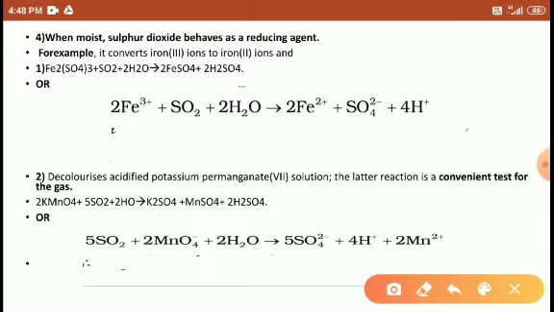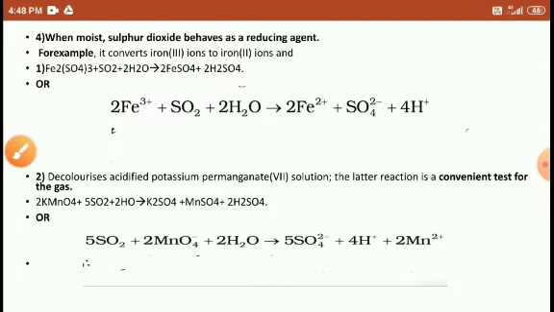When moist, sulfur dioxide behaves as a reducing agent. It converts iron +3 oxidation state to +2. Look at the example here, students. Fe2(SO4)3, here the iron is in +3 state, reacts with sulfur dioxide and water to form FeSO4. Here FeSO4 is in +2 state, along with sulfuric acid. Right.